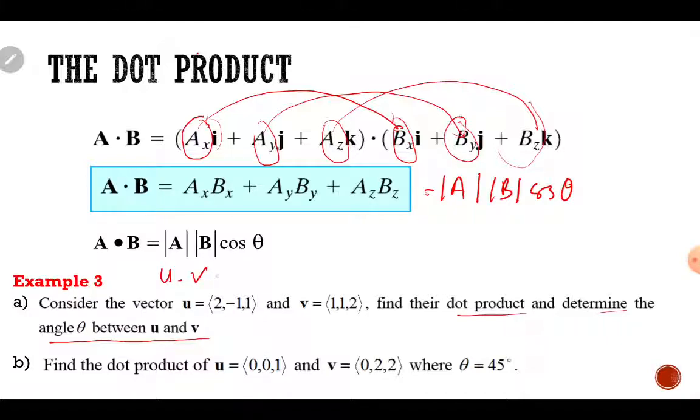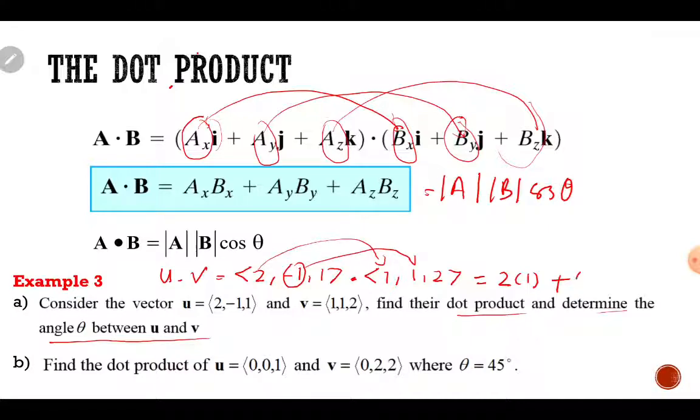U dot V is equals to (2, -1, 1) dot (1, 1, 2). So this is equivalent to 2 darab 1 tambah dengan -1 darab 1 tambah dengan 1 darab 2.